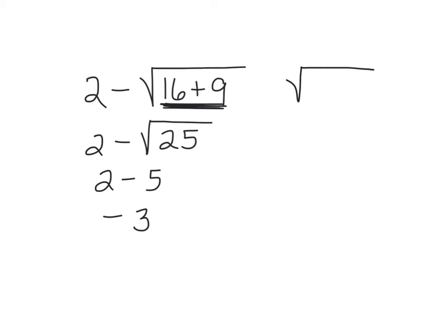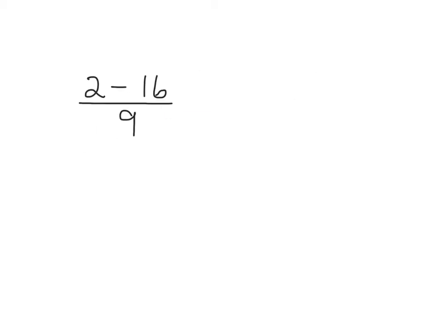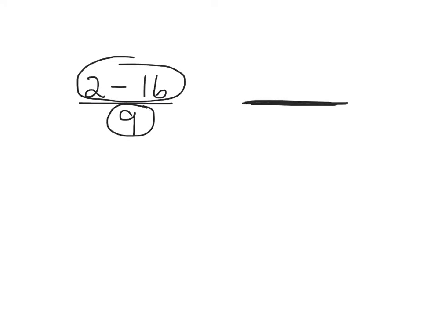There are other forms of grouping symbols. I'll show you a couple more. So here's a problem with a fraction bar, a larger fraction bar. That fraction bar also acts as a grouping symbol. It says we should simplify anything in the numerator of the fraction, simplify anything in the denominator of the fraction, and then divide them. That grouping symbol, I think I mentioned in class last week, is called a vinculum. Cool word.